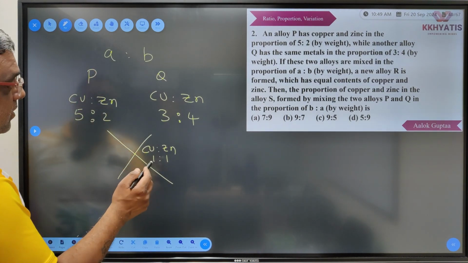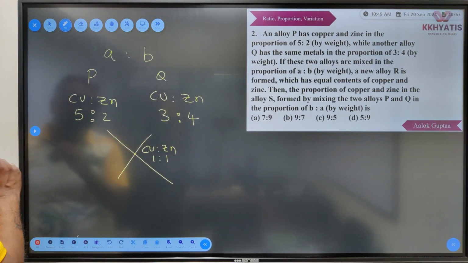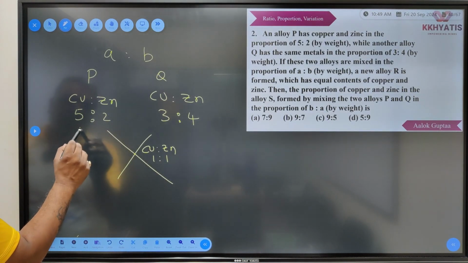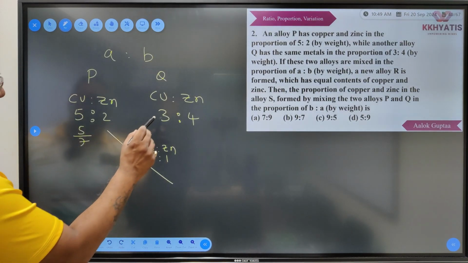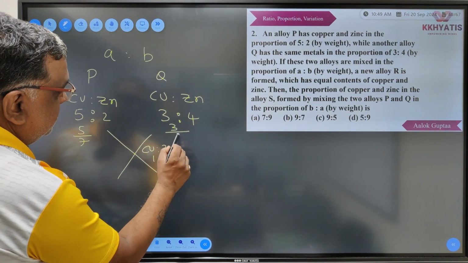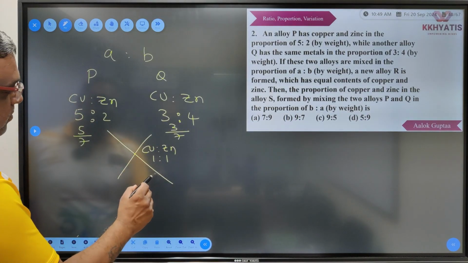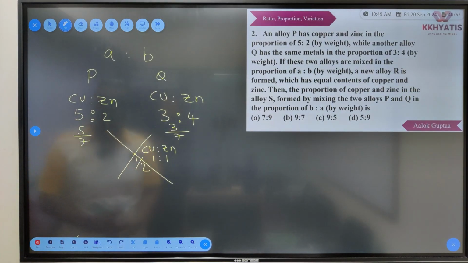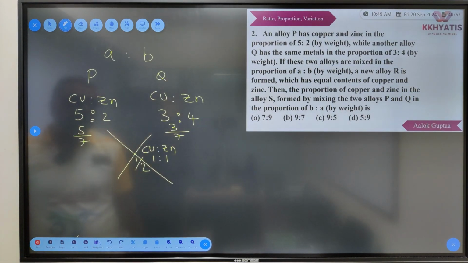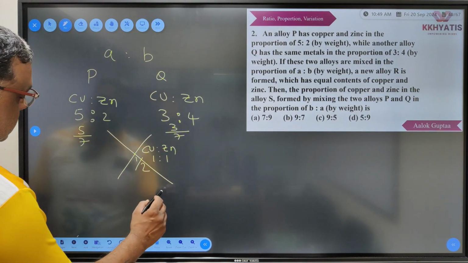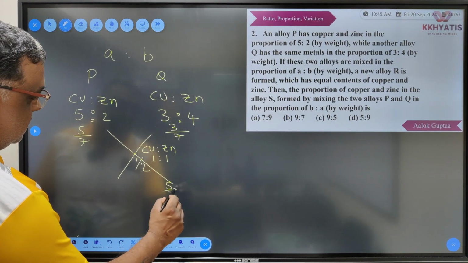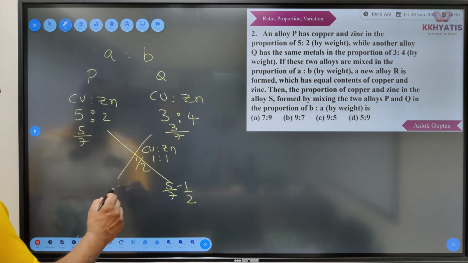We will apply alligation to, let us say, copper. What is the quantity of copper here? 5/7. And what is the quantity of copper here? 3/7. And what is the quantity of copper in the mixture? 1/2 of total. Now I will do 5/7 minus half and half minus 3/7.